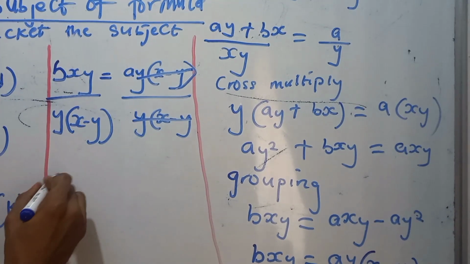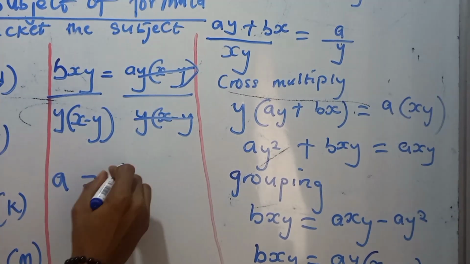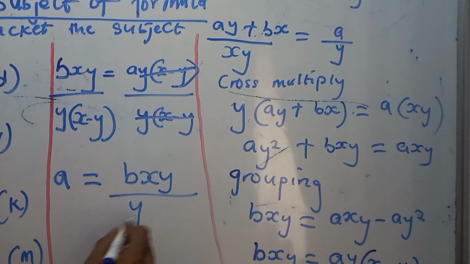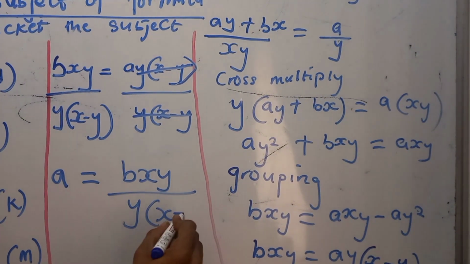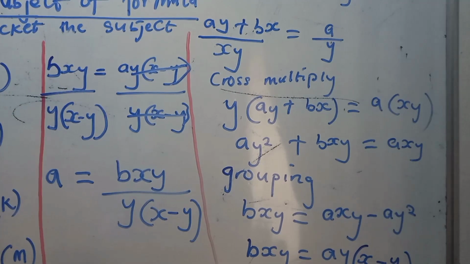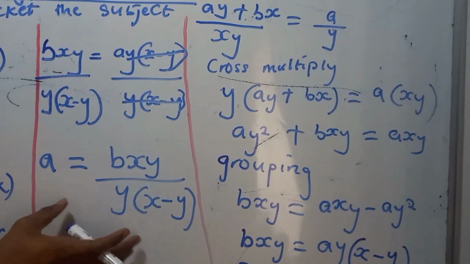What do I have here? A equals bxy over y bracket x minus y. This is my final answer.